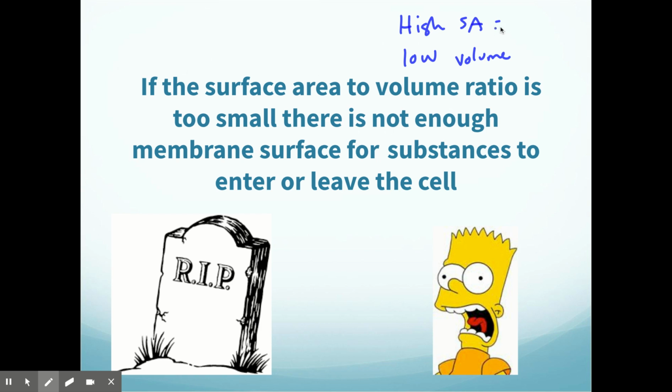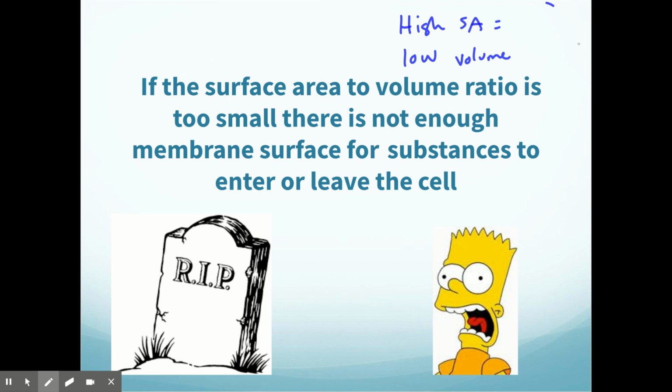High surface area means you have a large outer area that substances can come in contact with. So whatever food or substances need to enter can, and whatever waste or excretion needs to leave can leave. Where the low volume, this is the key part, less volume means there's less distance for nutrients and waste to travel.